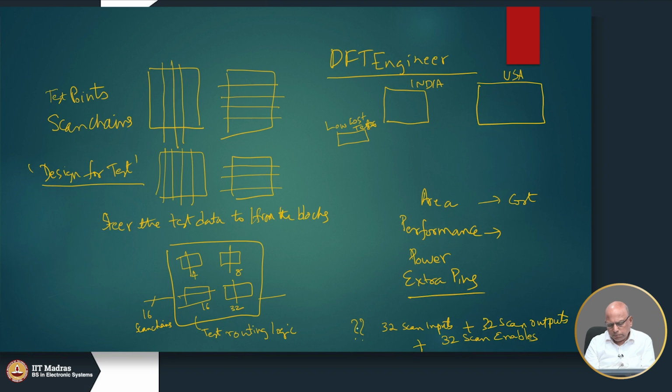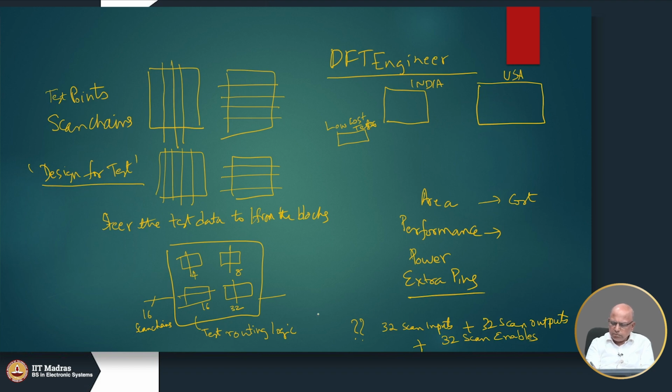So, what people have to do is to multiplex the scan inputs and scan outputs and scan enables with functional pins. So, because during the test mode we do not really go and use the functionality of the chip. So, the pins which are meant for functional inputs and outputs we could multiplex. Okay.